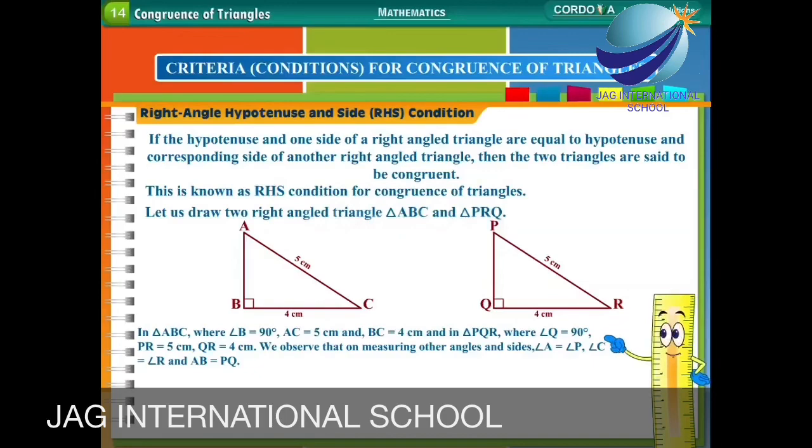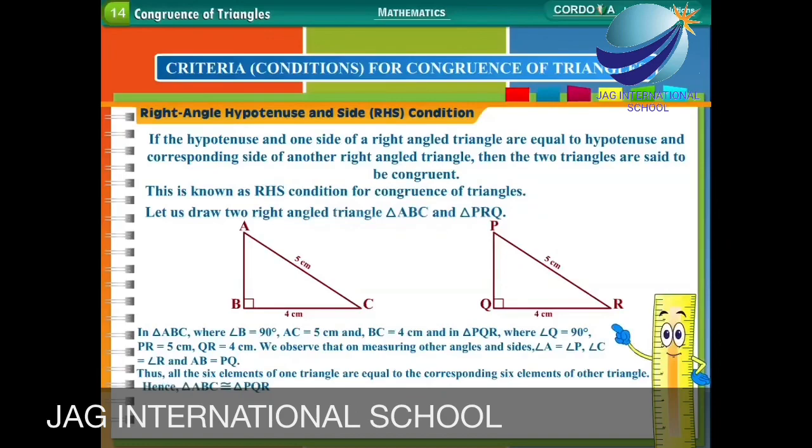We observe that on measuring other angles and sides, angle A equal to angle P, angle C equal to angle R, and AB equal to PQ. Thus, all the 6 elements of one triangle are equal to the corresponding 6 elements of the other triangle. Hence, triangle ABC is congruent to triangle PQR.